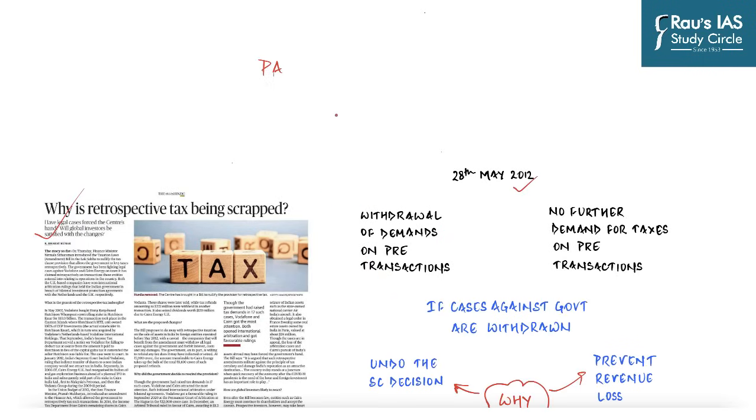Prospective is something that is likely to happen in future. Therefore, a prospective amendment would mean any change to law that takes effect in future, either from the date of enactment of the new law or from any other date specified in the law. So if the amendment or the bill is brought today, it will be effective for the future.